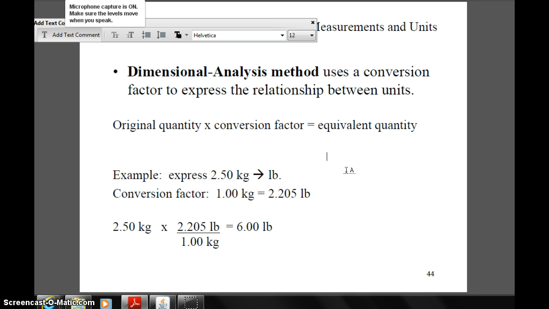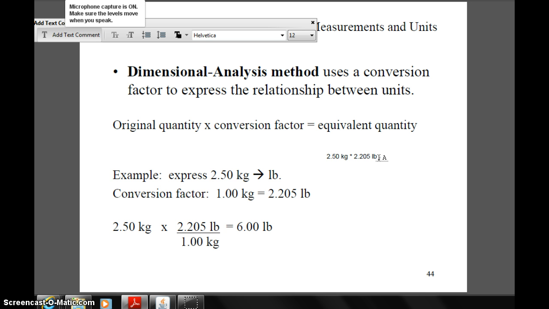The way you work it is you write down the quantity that is given to you. So you have been given 2.50 kilograms. Notice I included the 0 because I want to keep the significant figures intact. And then you're given the conversion factor. You should write it in a manner such that what you need is the numerator, and what you want to get rid of, what you want to convert from, is the denominator.